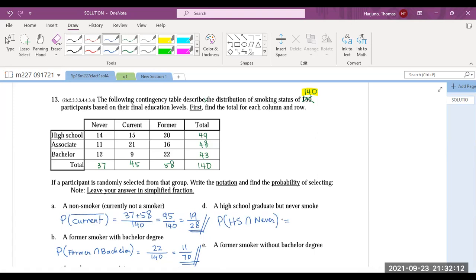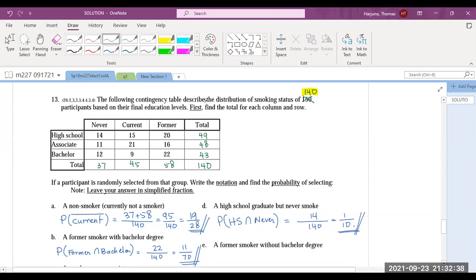That's correct. So that will be over 140. But how many people are actually high school but never smoke? 14. And both are multiples of 14, clearly seen. So this will be 1/10.